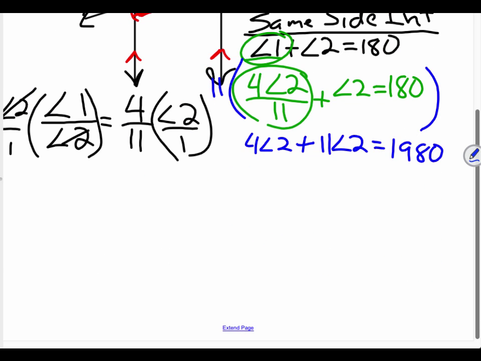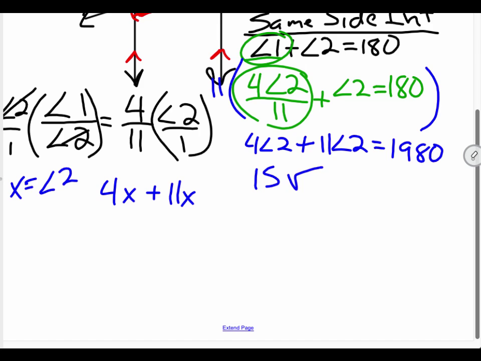You could treat this like 4x plus 11x, where x is the measure of angle 2. So I'm going to say 15 times the measure of angle 2 is equal to 1980.